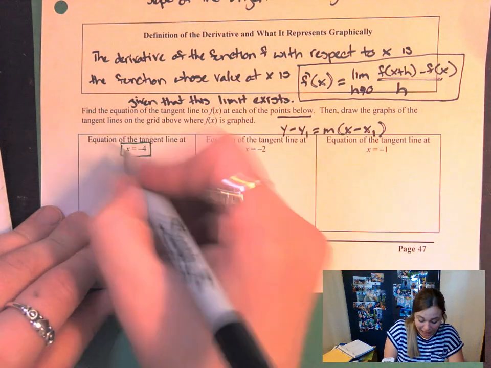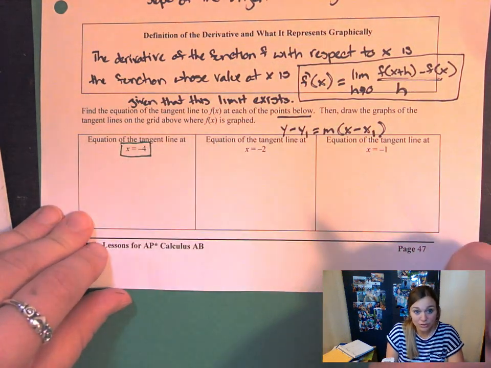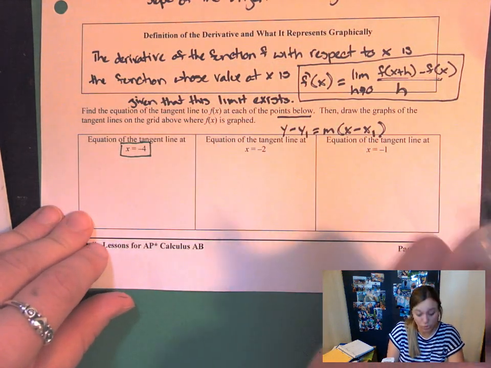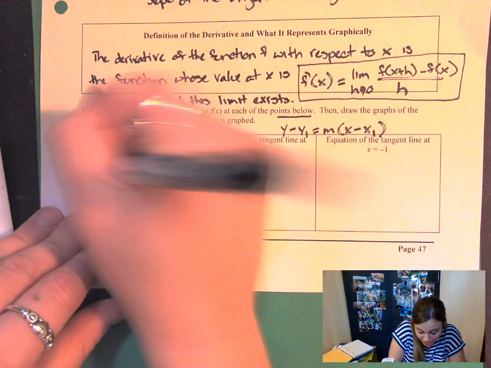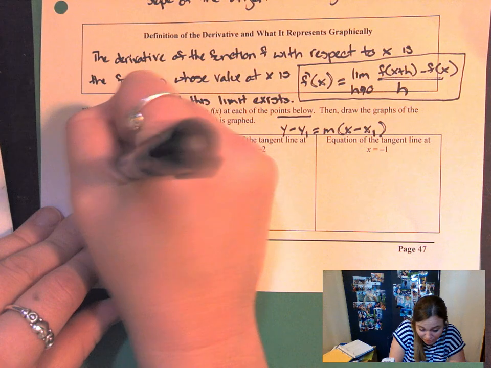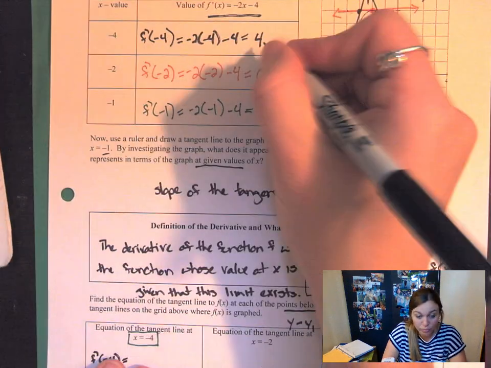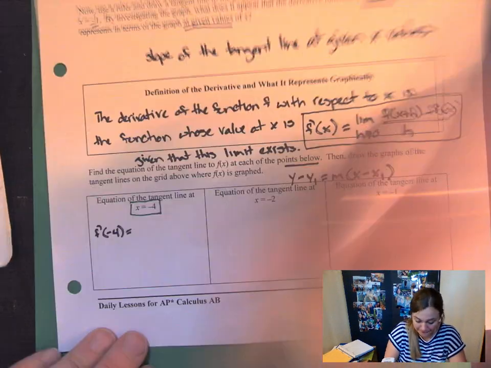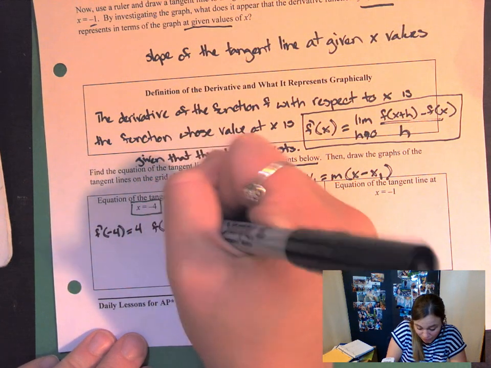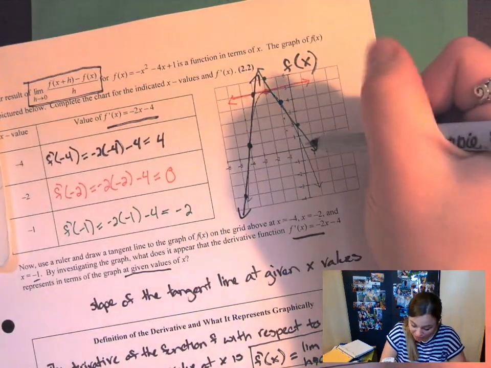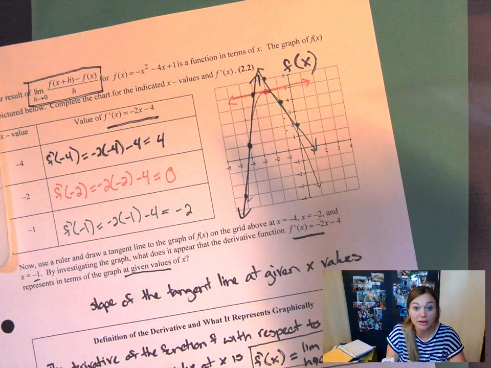So at x equals -4, I need a slope and a point. My slope of my tangent line is going to be f prime of -4, which we said was 4. My point is going to be f of -4, which if I look at the graph was 1.